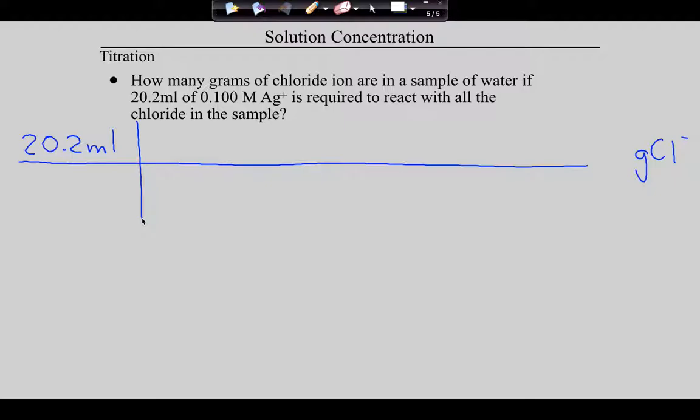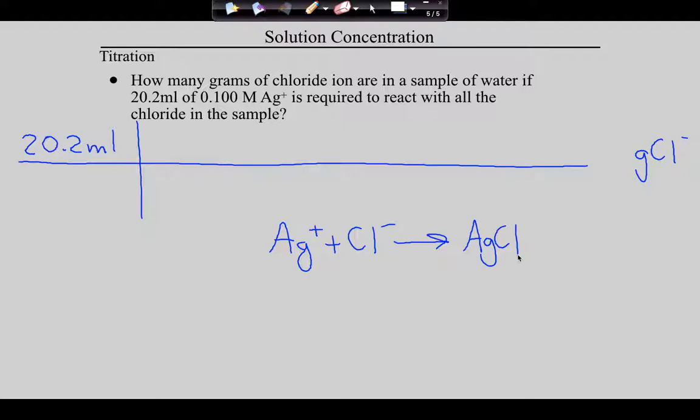Now guys, we're doomed to failure, because we can't get from one to the other without what? Balanced equation. Silver ion plus chloride ion yields solid silver chloride, and it's balanced. Now we have a balanced equation.